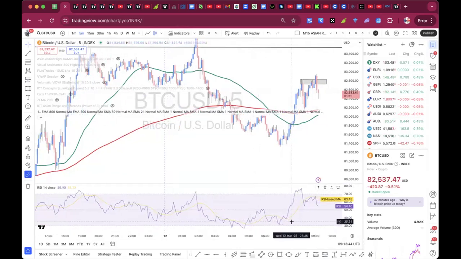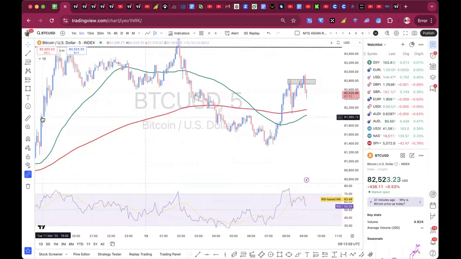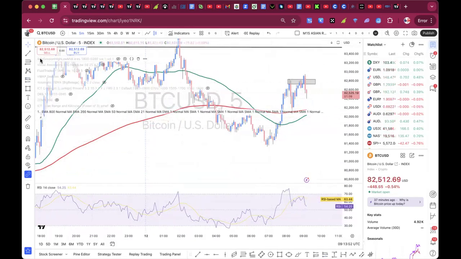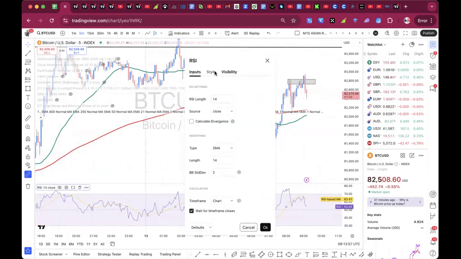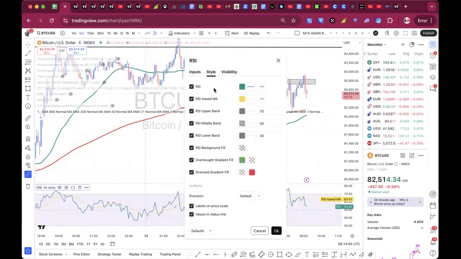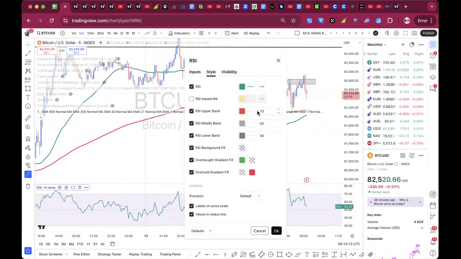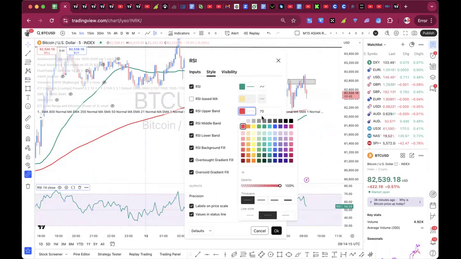So here is RSI. The little setting I do to my RSI, I go to the style, and I normally change this one to green and make it a little bit thicker. Sometimes you may not need this. If you need it, you put it. I turn this one to red, which is like a resistance, make it a line, and make it very thick.